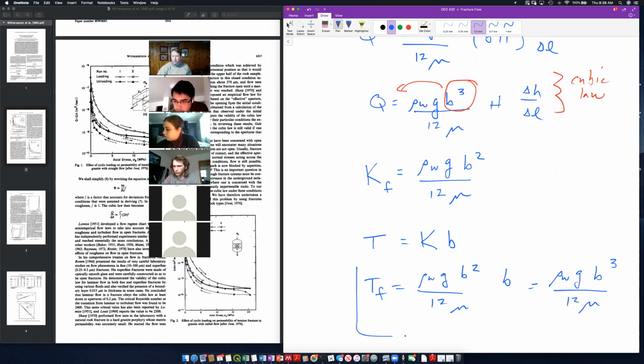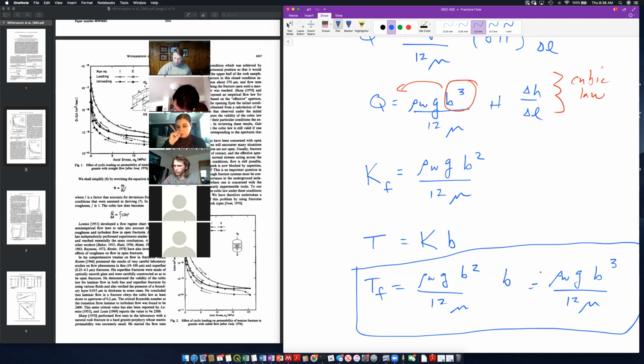This relationship, the cubic law, basically says that the transmissivity of my fracture is a function of the cube of my aperture.